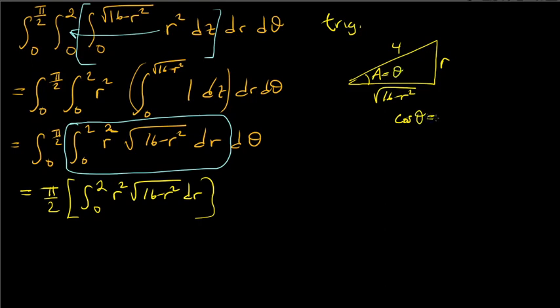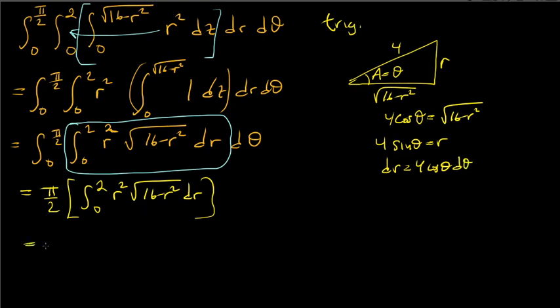Okay, so cosine of theta is the square root of 16 minus r squared over 4. So 4 times cosine theta is the square root of 16 minus r squared, right? And then sine of theta is r over 4. So 4 sine theta is r. And then dr will just be 4 times cosine of theta d theta.